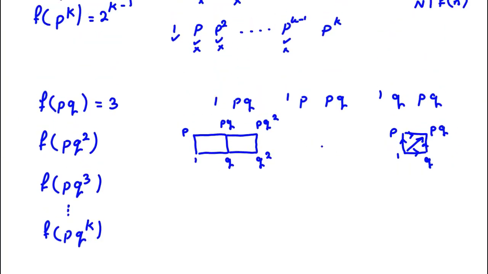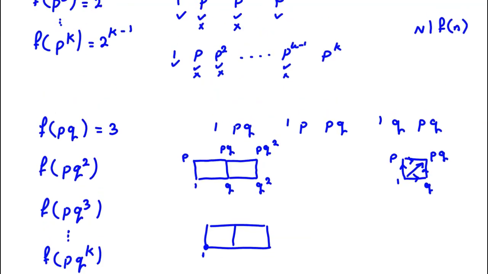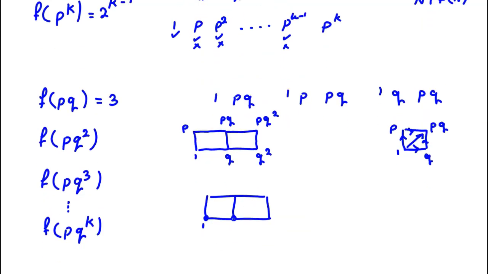You say, okay, I know that, for example, from here I can go here, I can go here in this direction, right or up or right and up. Now, if I want to use numbering here, I say, okay, origin is 1, first step. And then if I reach this part, in the previous step I was here, 1 way. If I reach this part, in the previous step I was here or here, 1 plus 1, 2.